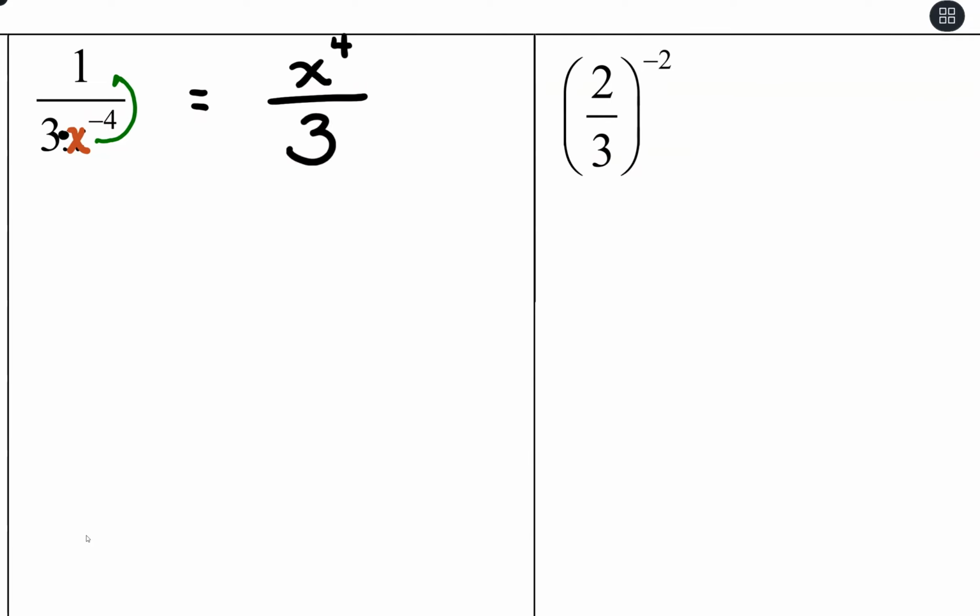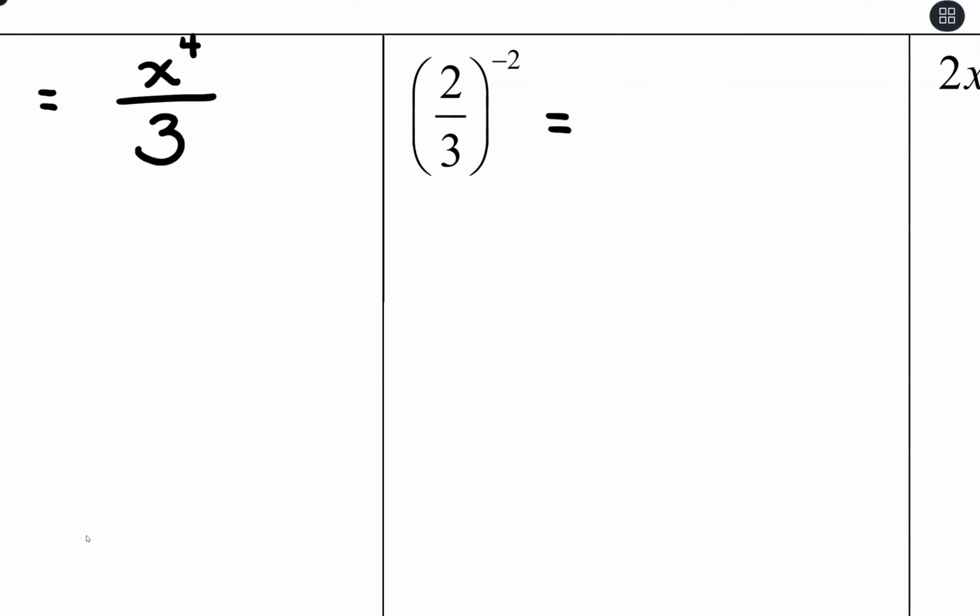Okay, a fun trick that I like to use when we have a fraction and a negative exponent outside is that if our negative exponent is all about move numerator to denominator, denominator to numerator, if we have a negative exponent outside of a fraction, what we could do is flip the fraction, so we can use the reciprocal.